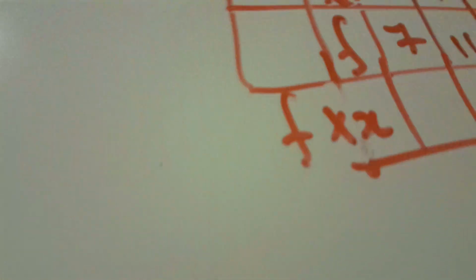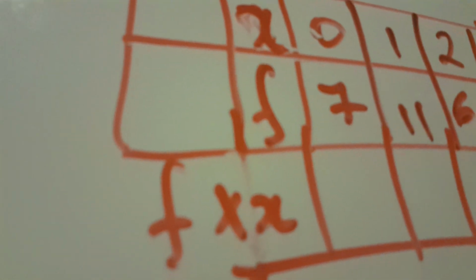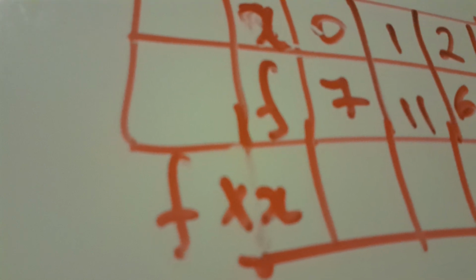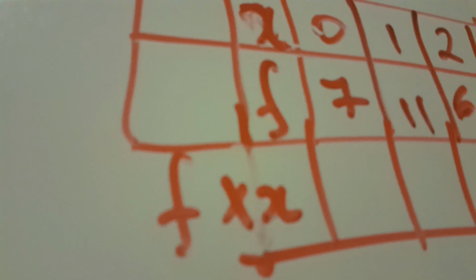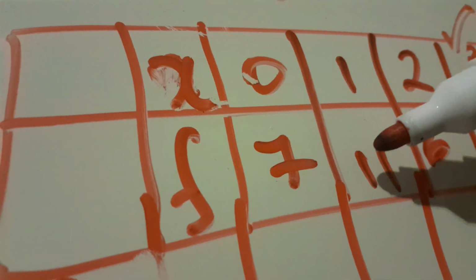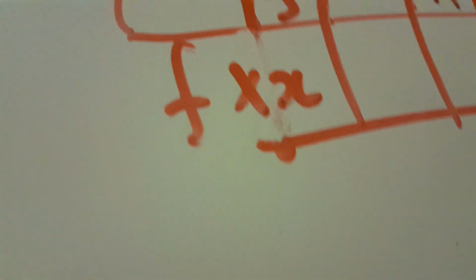So, for example, if I want to know how many cars had one person, they are 11. That gives you a total of how many people? 11 times 1, 11.